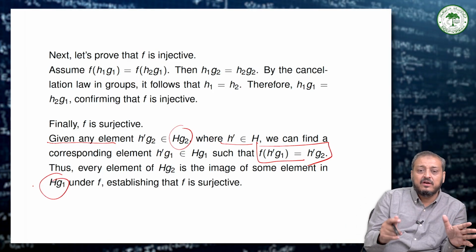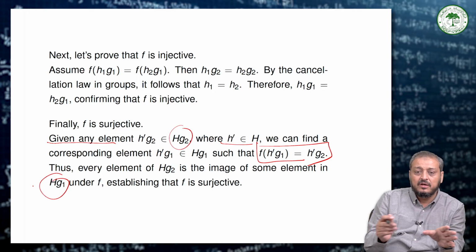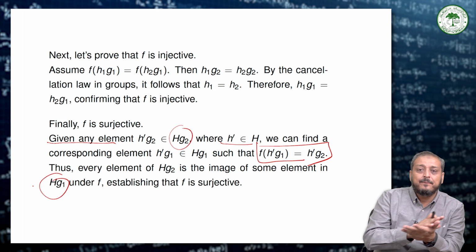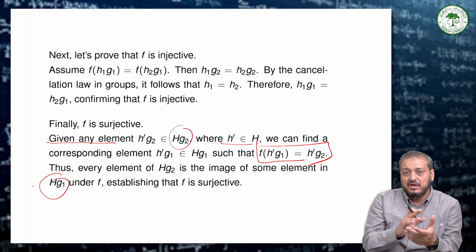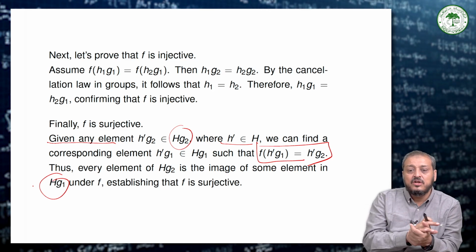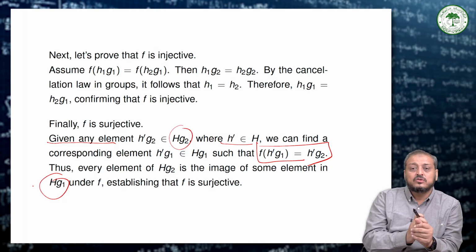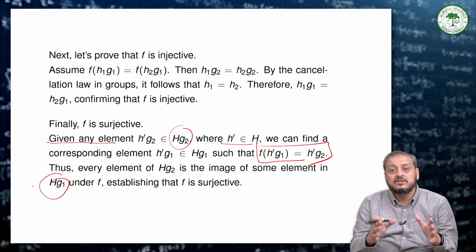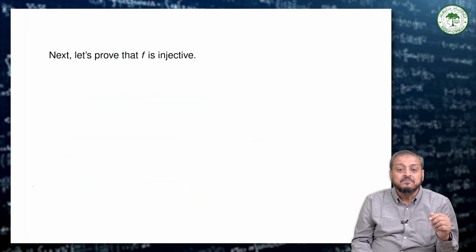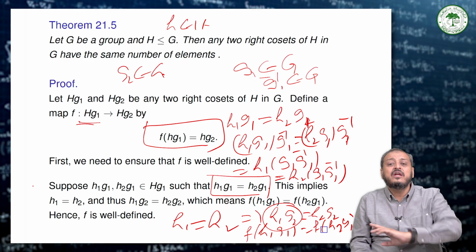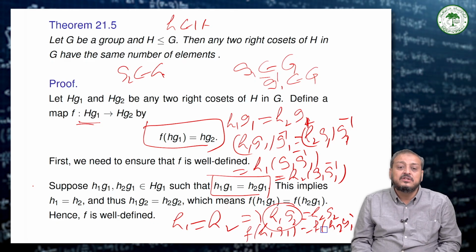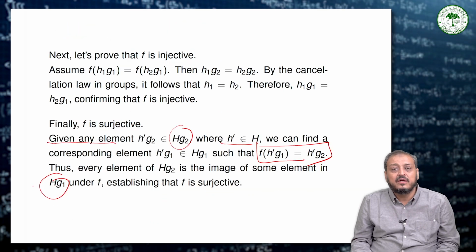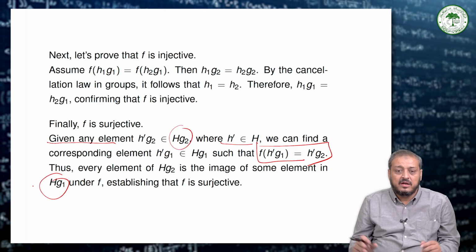So we have shown that the map defined on two right cosets is well defined, injective and also surjective. This establishes the theorem: any two right cosets of H in G have the same number of elements. Since the map is bijective, the number of elements in both right cosets is the same.